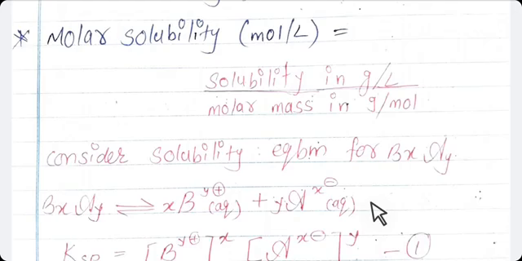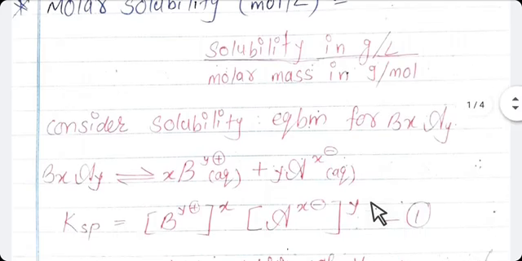The formula for solubility product is given by the equation, as we have already studied. Ksp is nothing but the solubility product. So for this reaction the solubility product is given by Ksp is equal to concentration of By+ raised to x, concentration of Ax- raised to y.